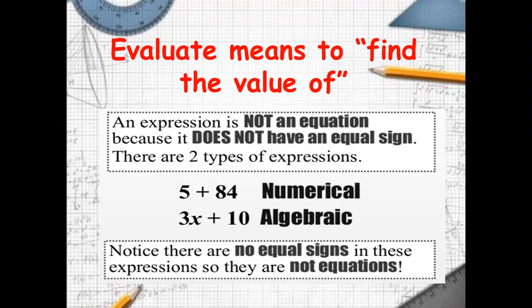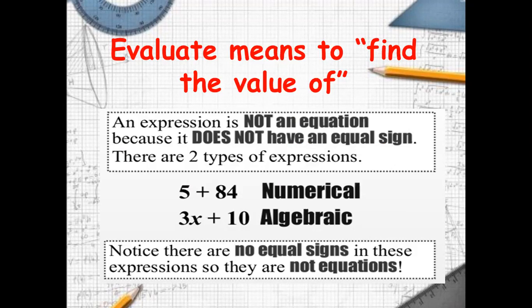Okay, so there are two types of expressions. We have numerical. Now from the name you know numerical means they are related to numbers. So a numerical expression will only have numbers, whereas an algebraic expression will have variables as well as numbers. So for now, you have two kinds of expressions.